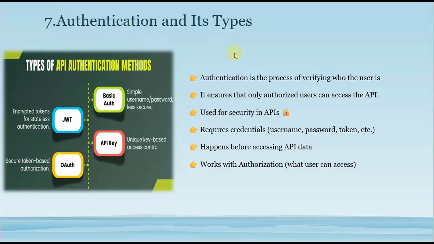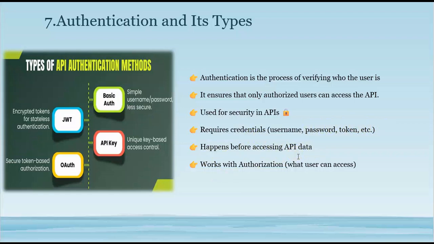And one more is authentication and its types. Authentication is the process of verifying who the user is. It ensures that only authorized users can access the APIs. It is used for security in APIs, and it requires credentials like username and password, token, etc. It happens before accessing the API data.